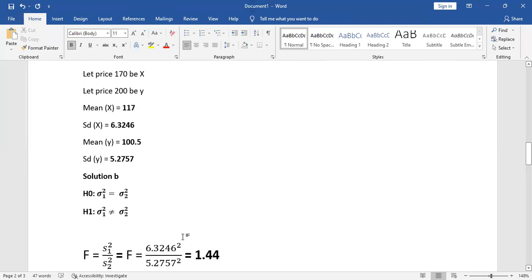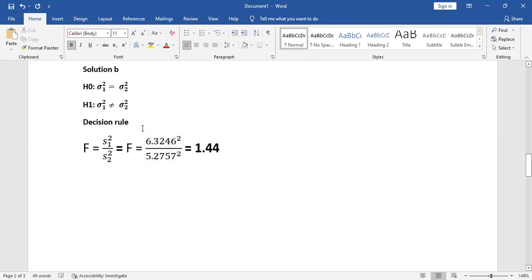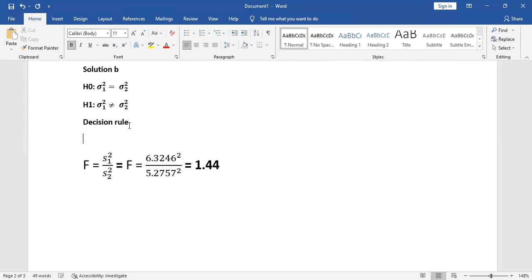Then from here, we are going to develop what is known as the decision rule. And the decision rule always starts with the word reject. So reject the null hypothesis. Null hypothesis is the H0.